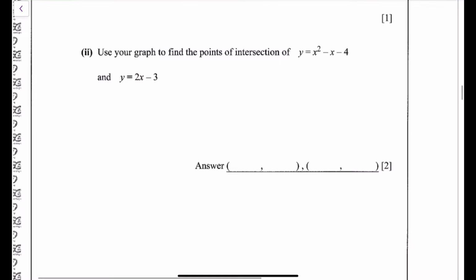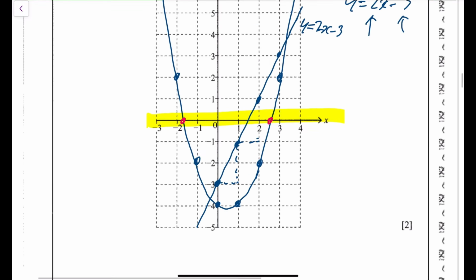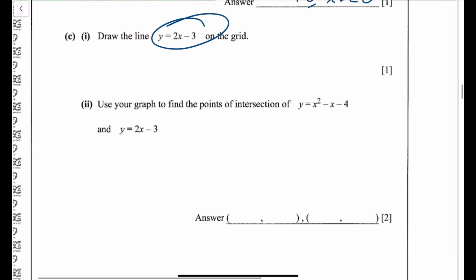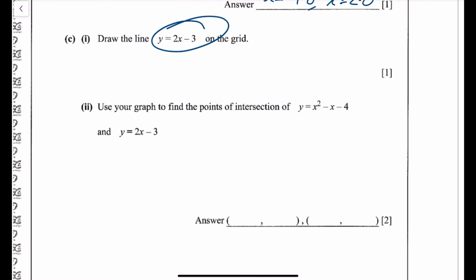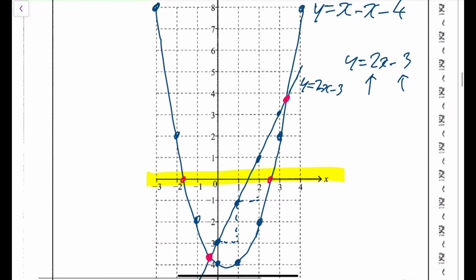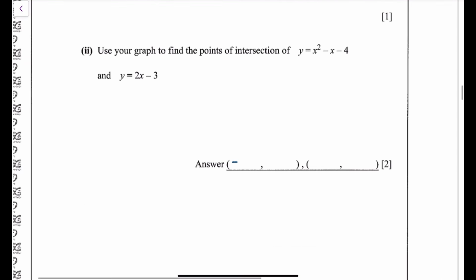It says use your graph to find the points of intersection. So my points of intersection, I'll do them in red again. This point and this point. Whatever you get. When I did it out properly, you can calculate these algebraically as well, but I haven't done that. To be honest, I will just say what I got. They were very rough. So minus 0.4 and minus 3.6, something roughly like that.